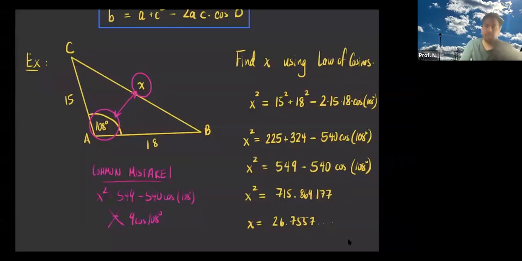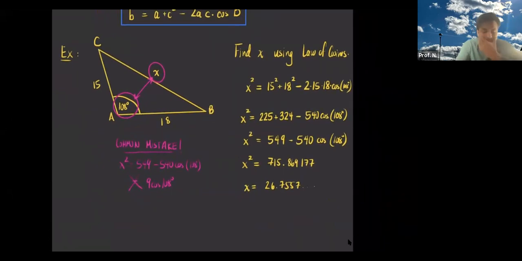So that's how I find the missing side x. I find the side opposite the angle that I'm given. So I'm using law of cosines for this. Once I set up the law of cosines correctly, then it's really just calculator work from here on out.